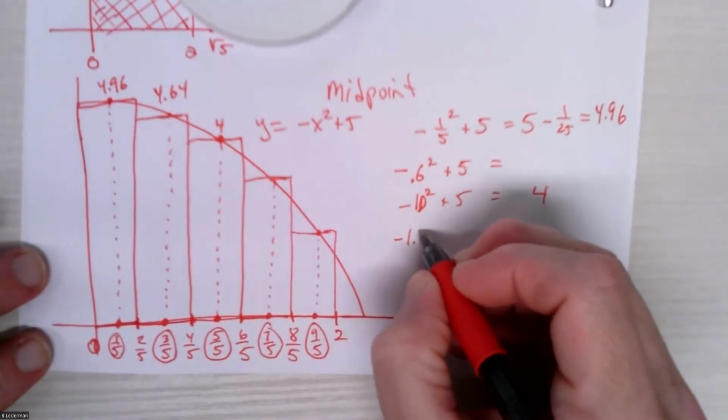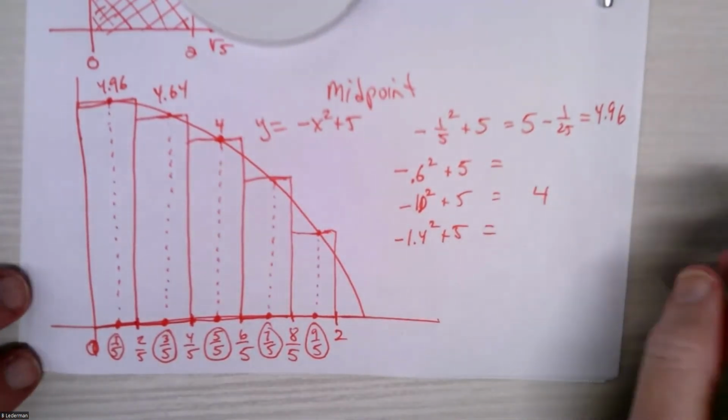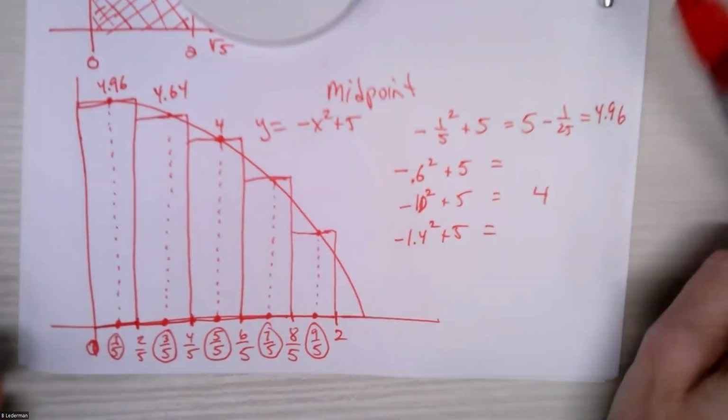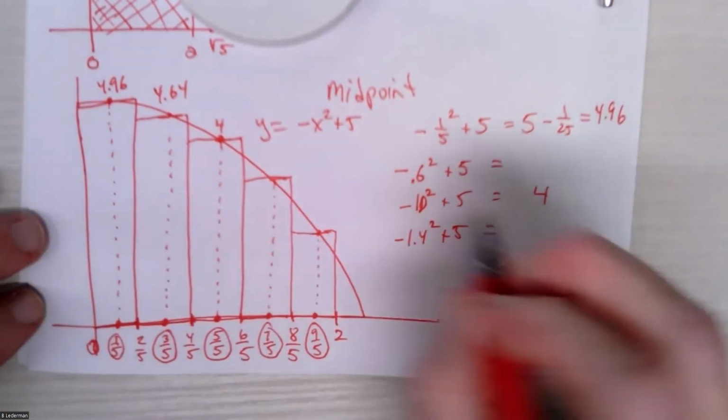So negative 1.4 squared plus 5 equals 3.04.